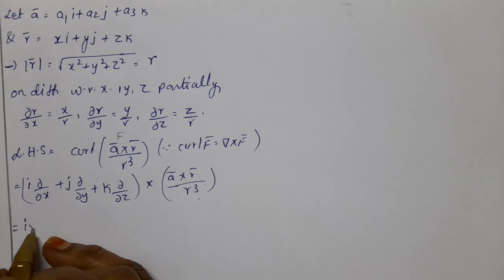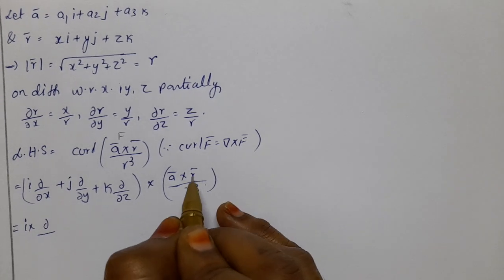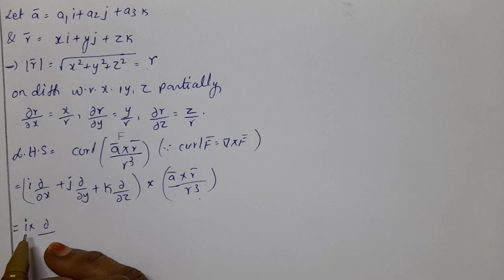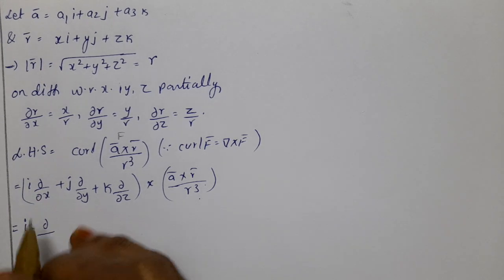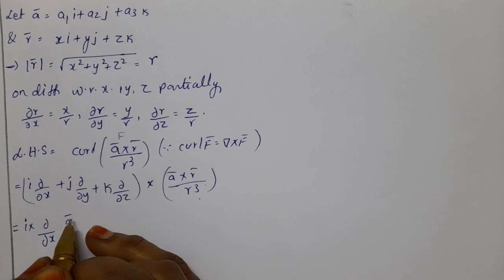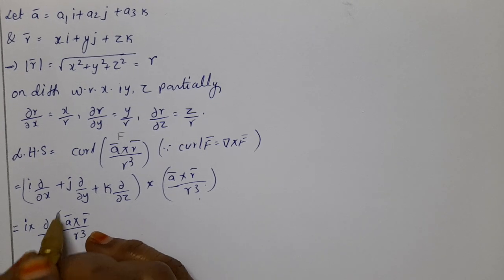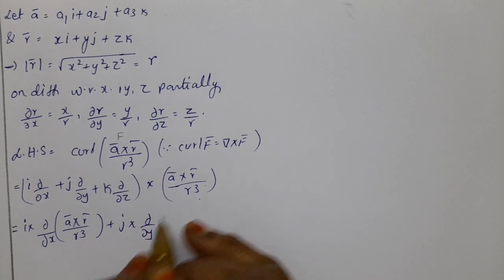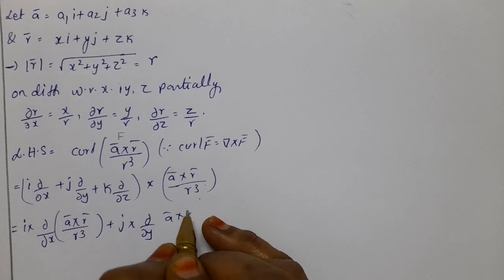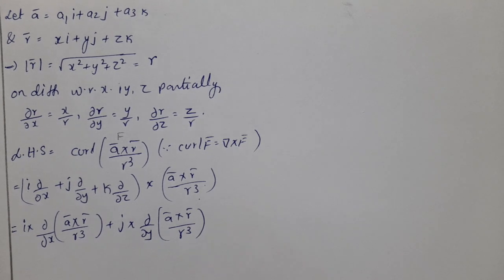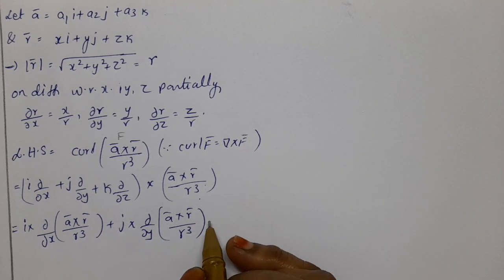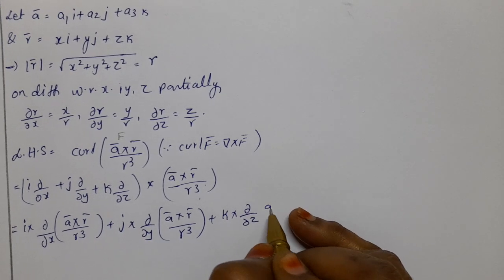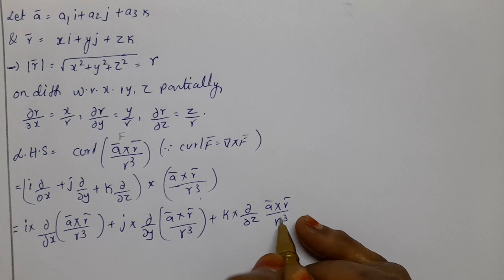i cross partial derivative of this function. So this cross product is applied as i cross dou by dou x of a bar cross r bar by r cube plus j cross dou by dou y of a bar cross r bar by r cube plus k cross dou by dou z of a bar cross r bar by r cube.